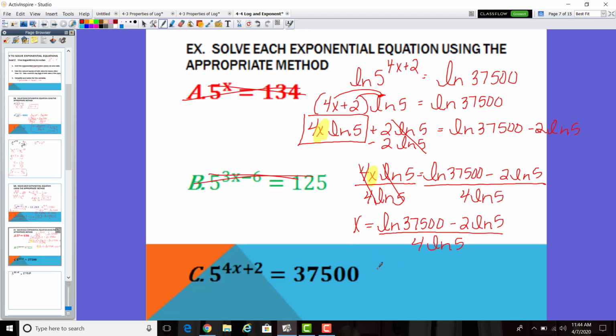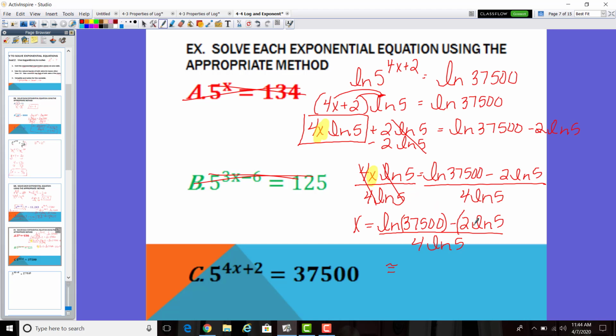Now, plugging this into your calculator, again, it does get pretty complicated if you try to do it all at one time, so I would do it in steps. Natural log of 37,500. Enter. When I hit subtract, because this is a product, you have to put a parenthesis here.